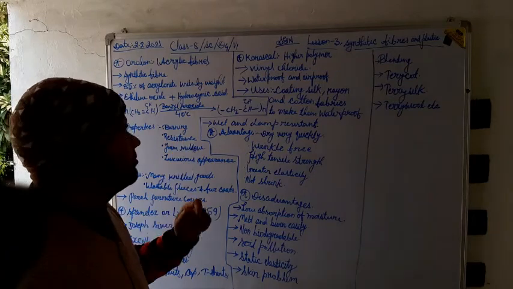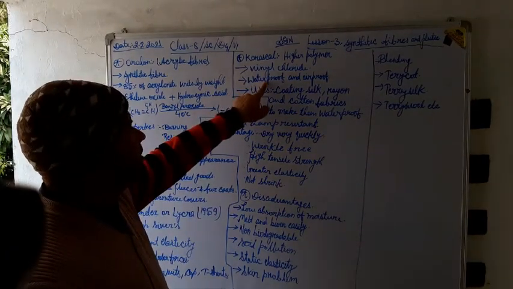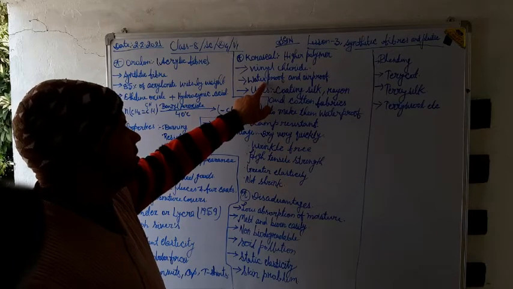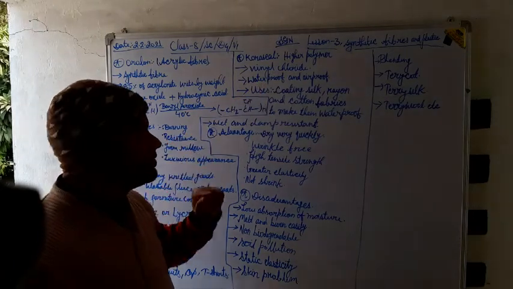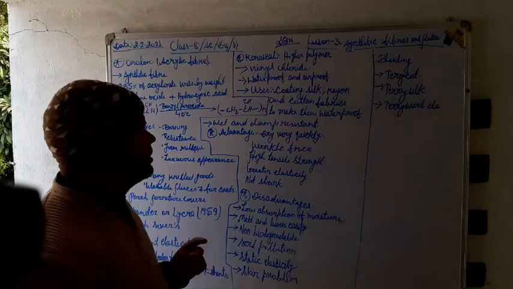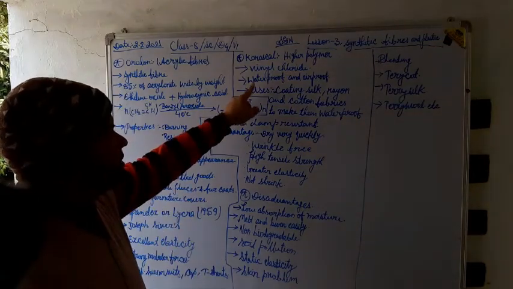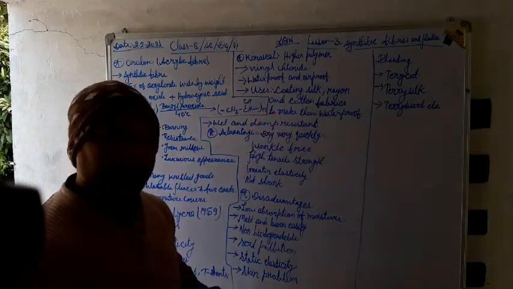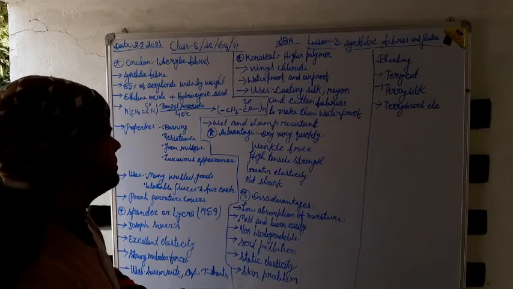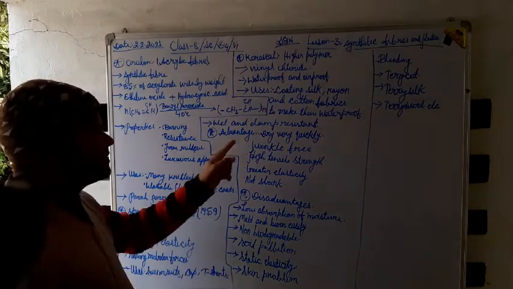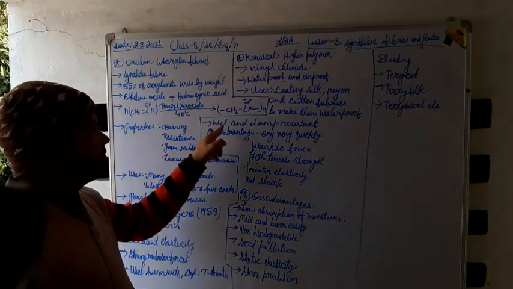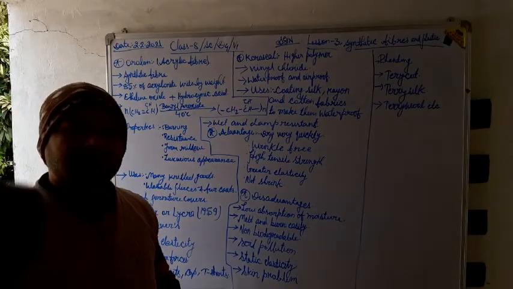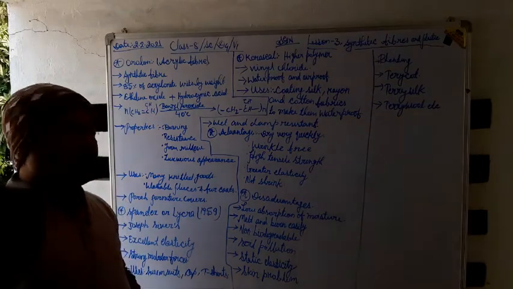Its property is very useful because it is waterproof and airproof, and for these properties it is used in coating silk, rayon and cotton fabrics. One of the best properties of it is that it shows wet and damp resistance. So these are the synthetic fibers.